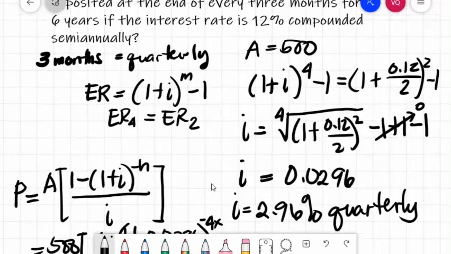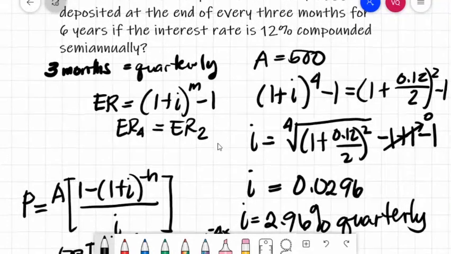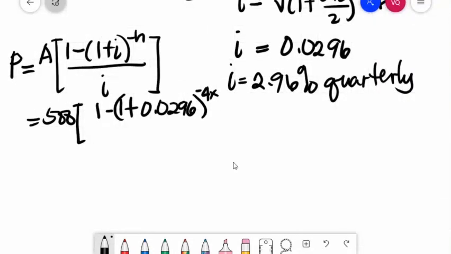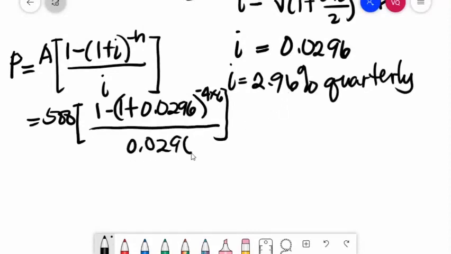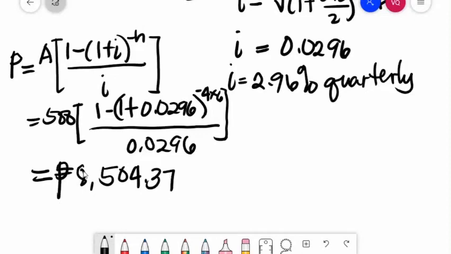We have 6 years. Divided by I, which is 0.0296. So, P is equal to 8,504.374 pesos.